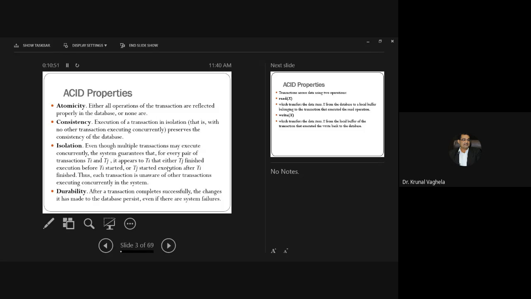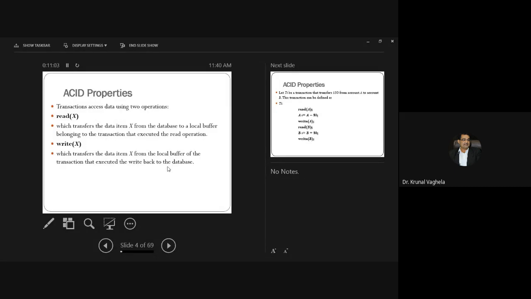Now, we'll explain the same properties with one example, so you will understand how these properties work. To learn this example, you need to know two operations, read and write. To know read and write, you should know the difference between primary memory and secondary memory.